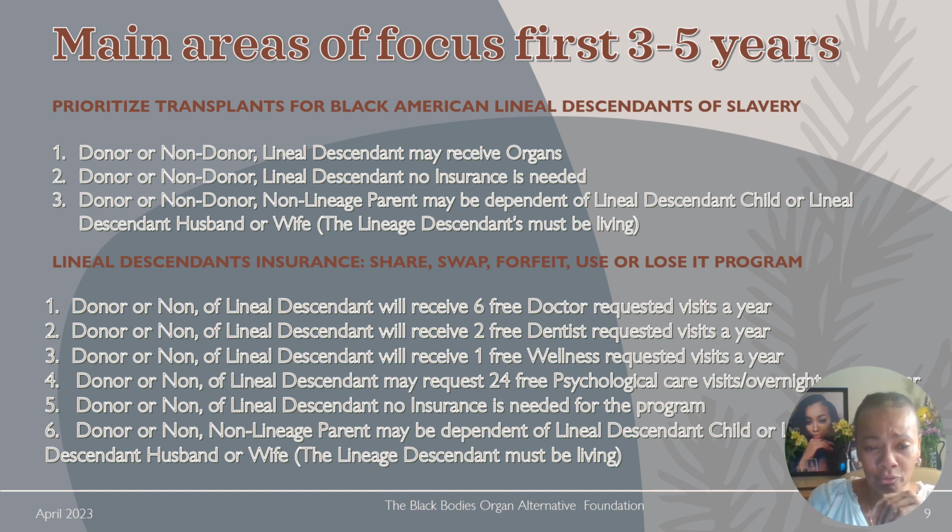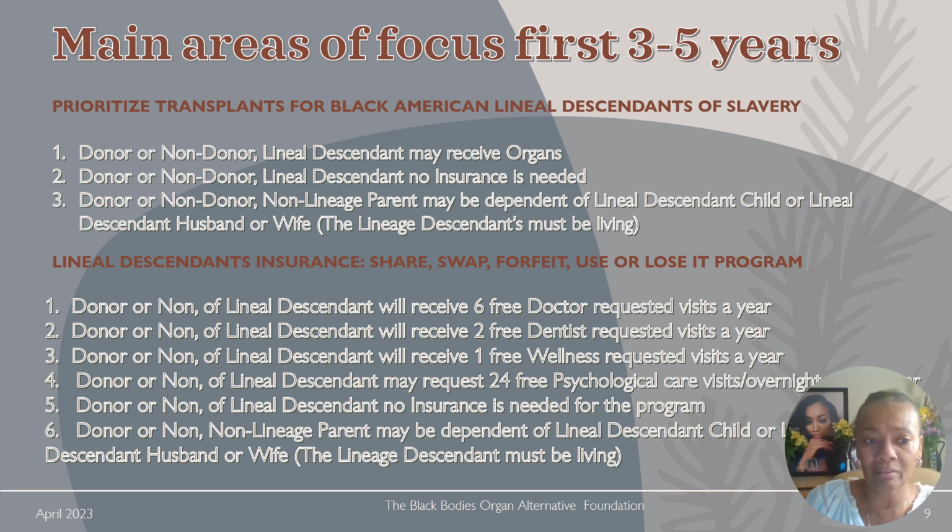Donor and non-donor, a non-lineage parent may be a dependent of a lineal descendant child or lineal descendant husband or wife. So if you have a wife or a stepchild who is not a slave descendant, then they can be a dependent of a slave descendant, but the slave descendant has to be living.